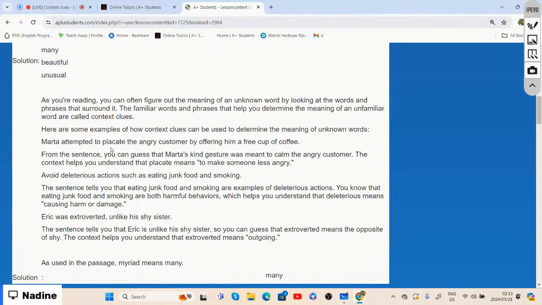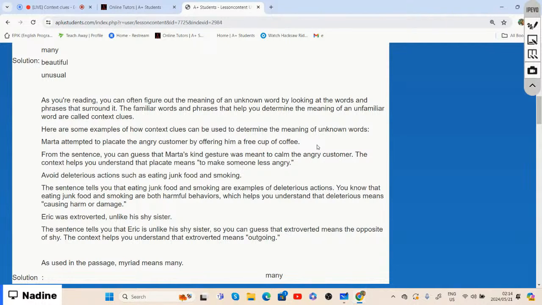If we look at the word placate, and we look at the context in which it is written, by giving him a free cup of coffee, then trying to placate can either be to calm the person or to make the person feel better or to do some form of kind gesture. And that is mainly to calm the person because they're specifically saying that it was an angry customer.